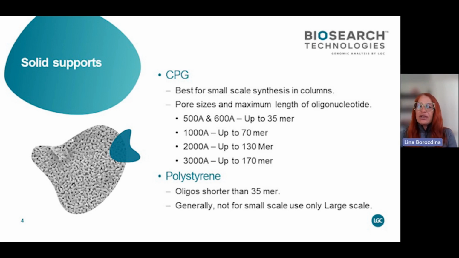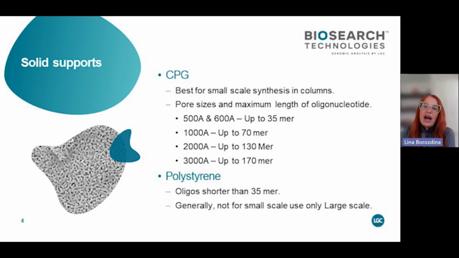They come in 500, 600 angstrom, which are good for oligos that are under 35 mers because the hole is very small and it fills up. What you don't want to do is try to make a really big molecule and stuff it in a very small space, because then you're going to kill the synthesis, because the flow through those little channels is going to be constricted.